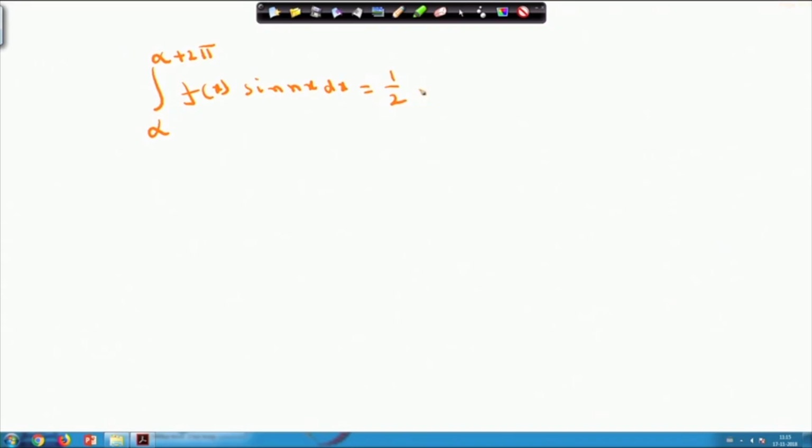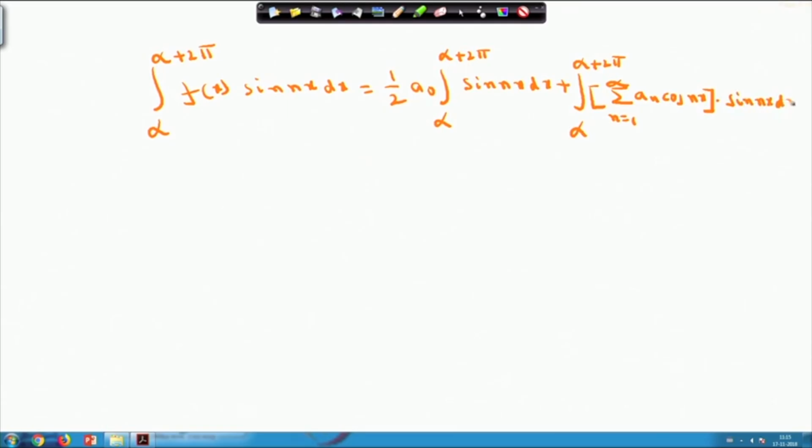This equals half into a_0 into the integral from α to α+2π of sin(nx) dx, plus the integral from α to α+2π of summation n equals 1 to infinity a_n cos(nx) into sin(nx) dx, plus the integral from α to α+2π of summation n equals 1 to infinity b_n sin(nx) into sin(nx) dx.